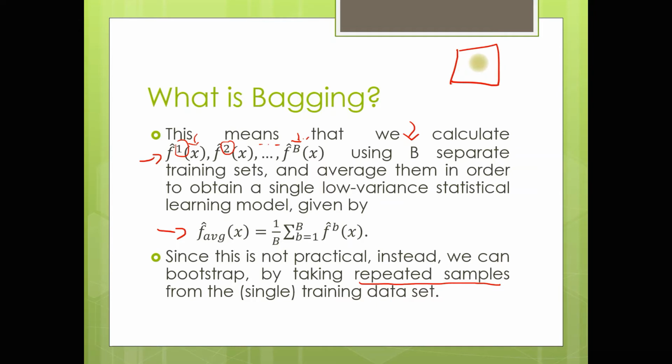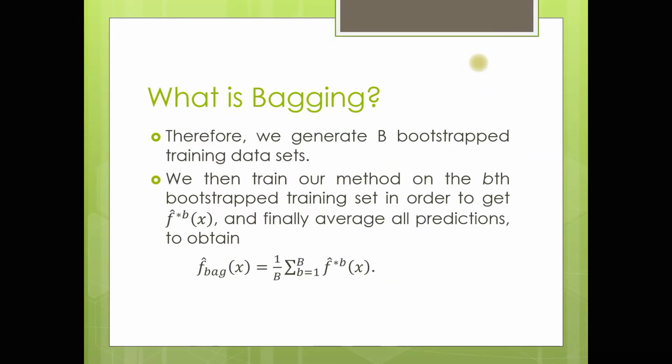So when you are taking repeated samples, that is sampling with replacement, you have the possibility of having several training sets in the end. So this is where we come up with the same idea as before, but the only difference is that instead of having multiple training sets, we will have bootstrapped training sets.